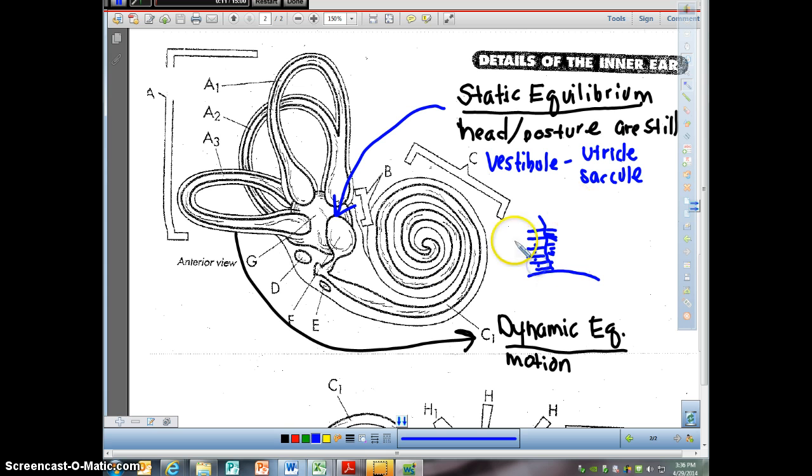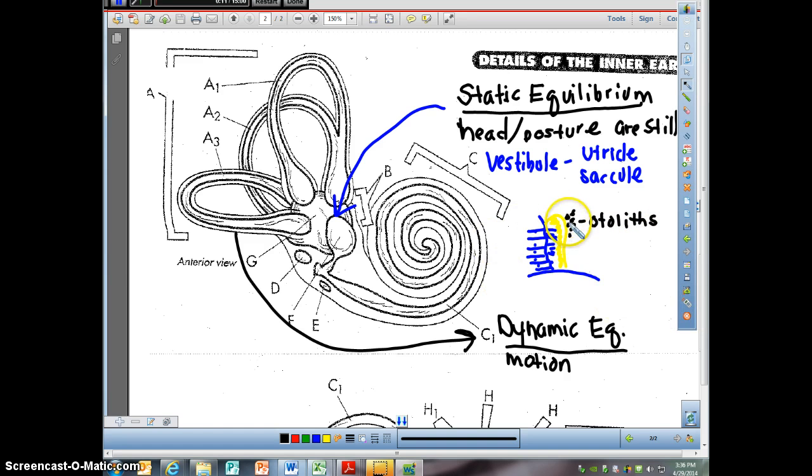And they extend into this gelatinous material. And in this gelatinous material, there are these little rocks. They call these rocks, great name, otoliths. These are bits of calcium.